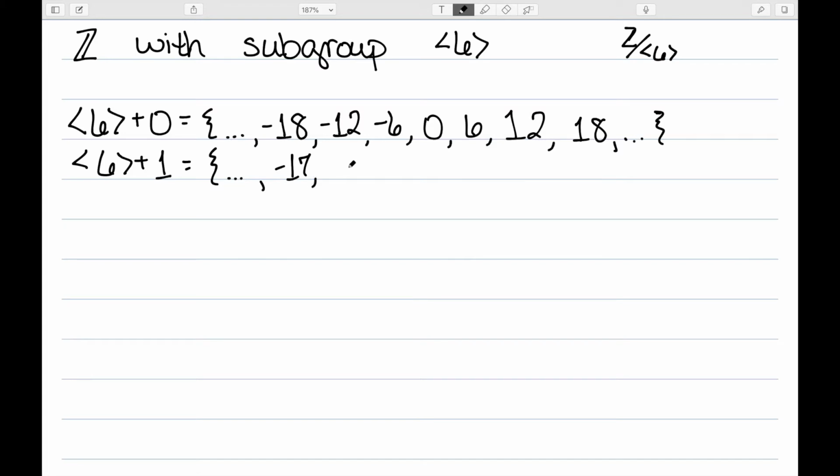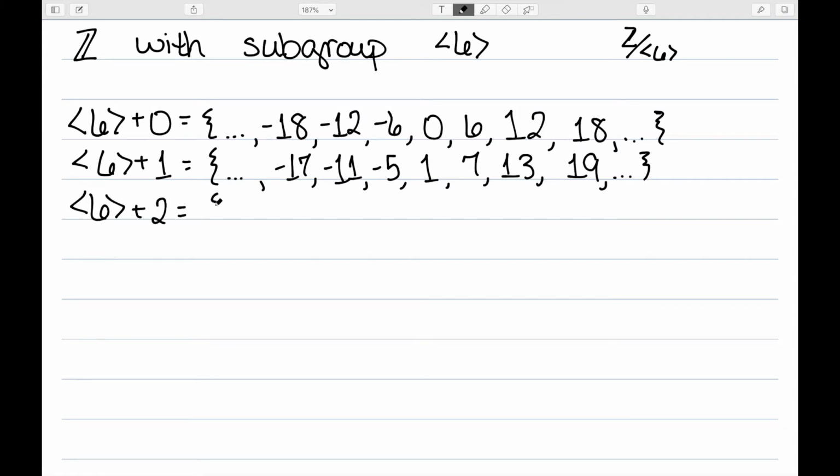So negative 17, negative 11, negative 5, 1, 7, 13, 19, etc. The subgroup plus 2: negative 16, negative 10, negative 4, 2, 8, 14, 20, etc.